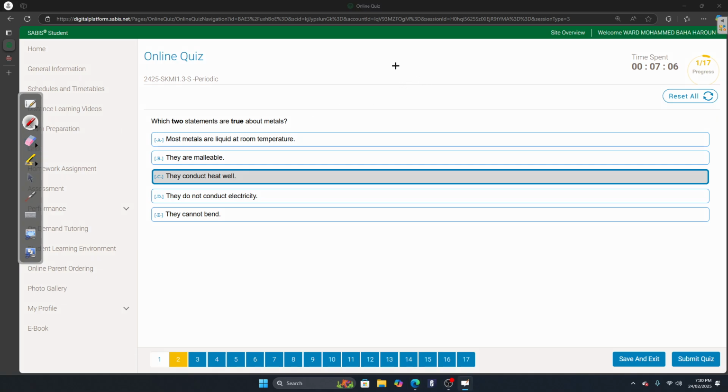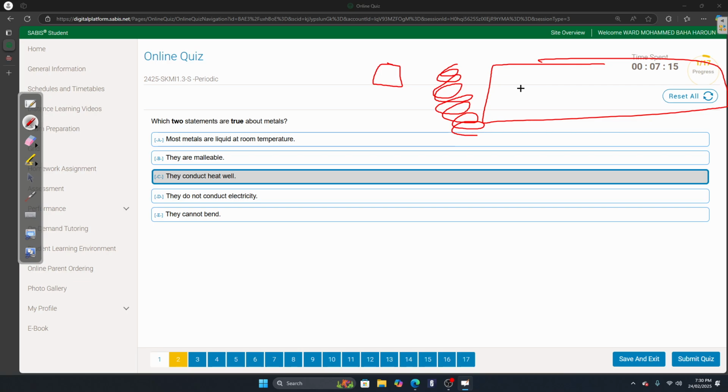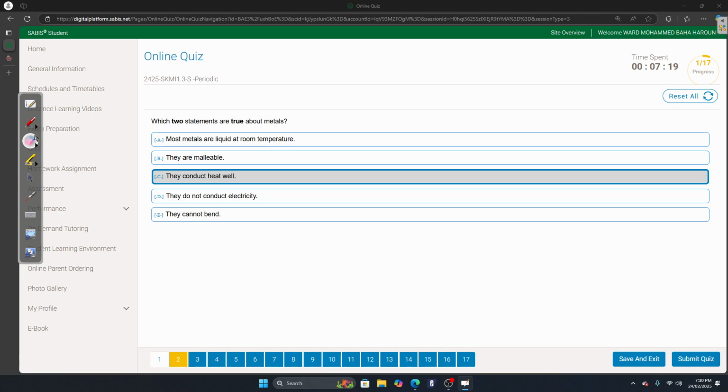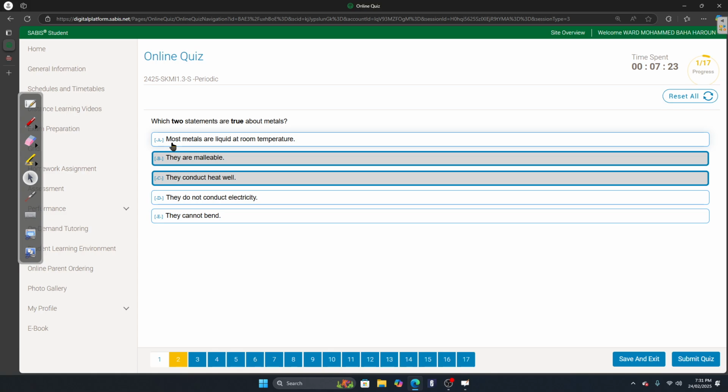So let's see, like, we have this metal. It can become a coil. It can become a metal paper that's bendy. It can become all of that. So are they malleable? Yes. Most metals are liquid at room temperature. I think the only metal that's liquid at room temperature is mercury. And mercury is like, search it up. This is not true.